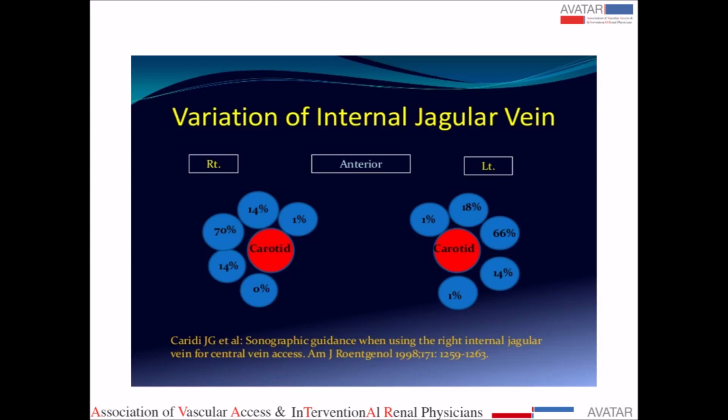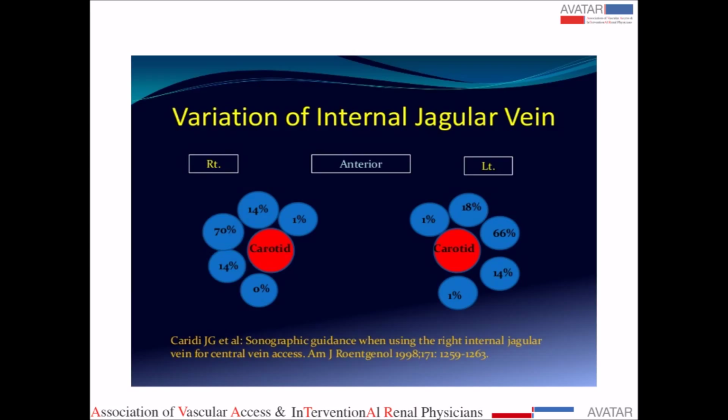But this figure has been mentioned previously also by Dr. Nair, and there are a whole lot of variations in the position of the internal jugular vein in relation to the carotid artery. This is why there are chances of hitting the wrong vein or hitting the artery or not hitting any vessel at all, leading on to complications. As high as 15% of patients can have a non-normal distribution of vein in relation to artery.